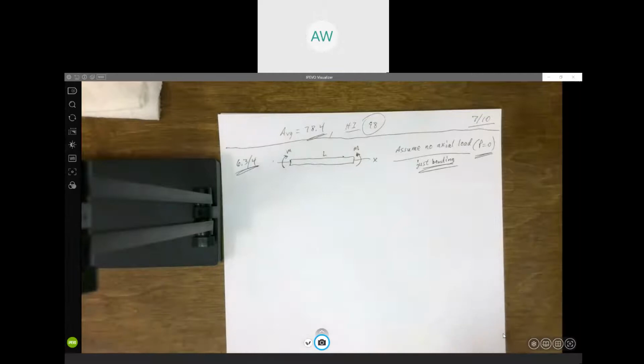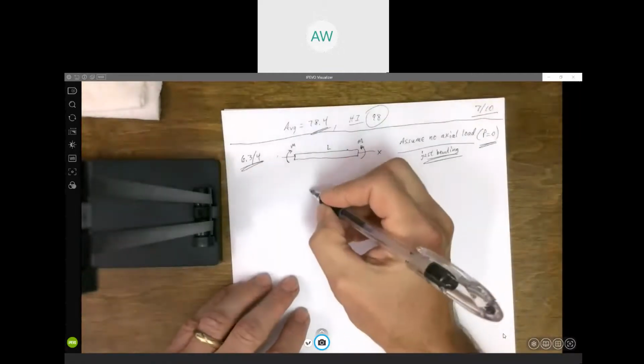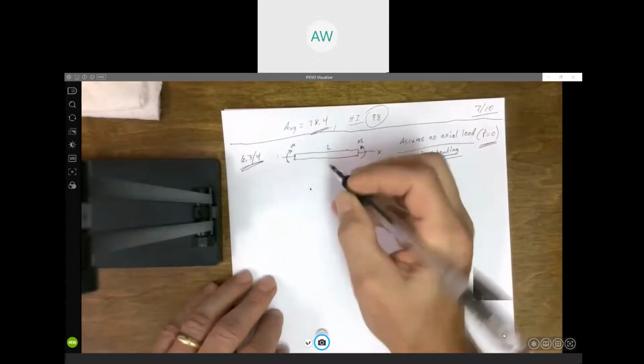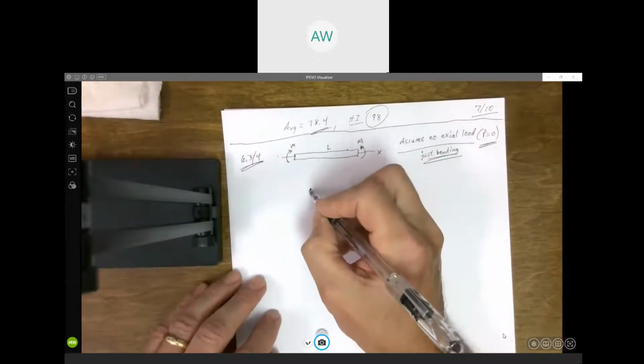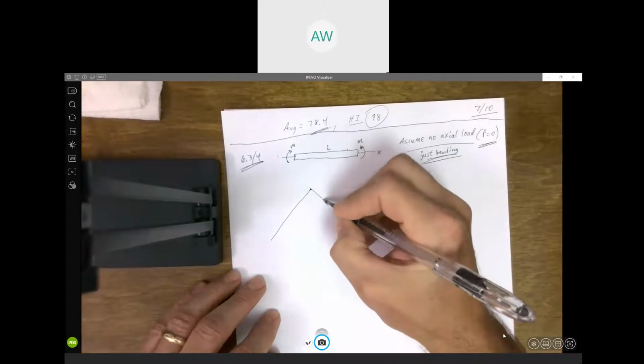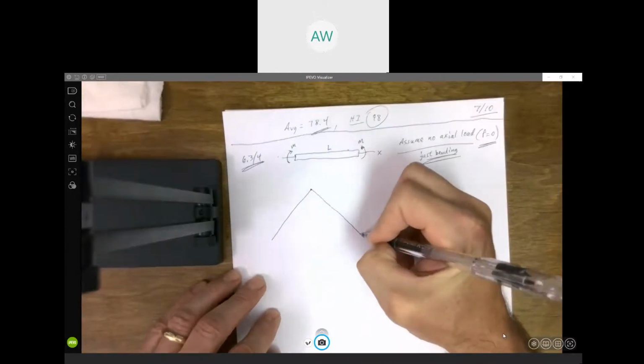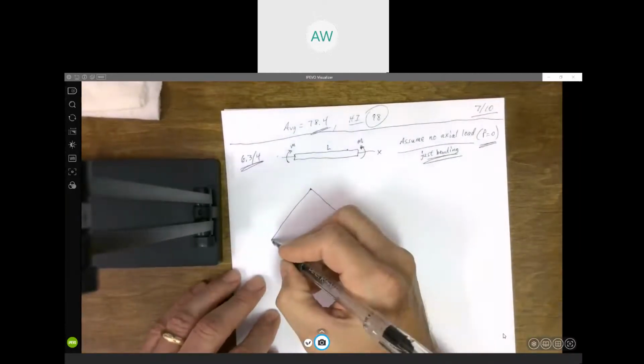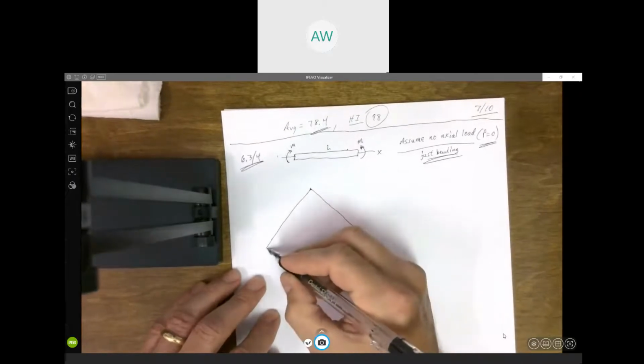And so if I can attempt to draw this deformed beam, let's see, do my best. I'm sure this will not come out too pretty, but I'll do what I can.